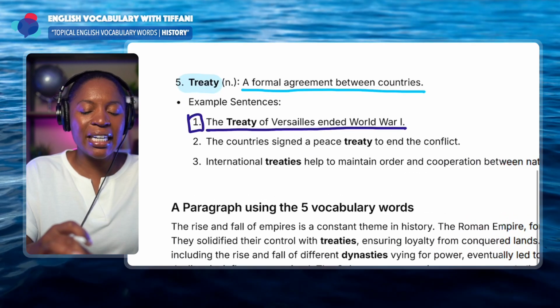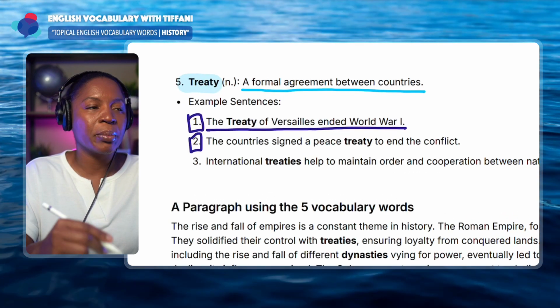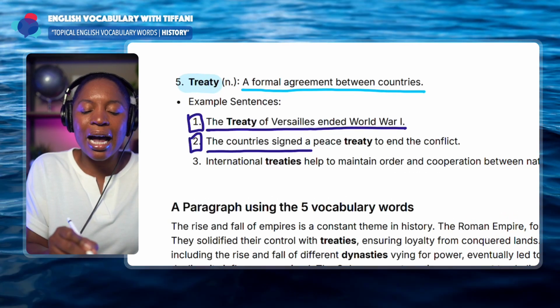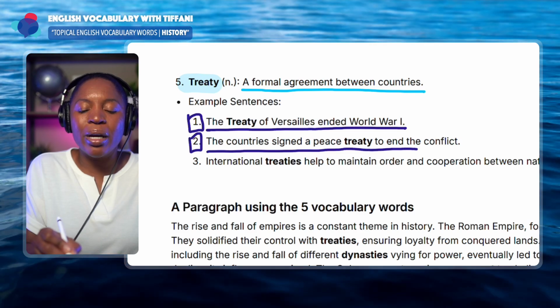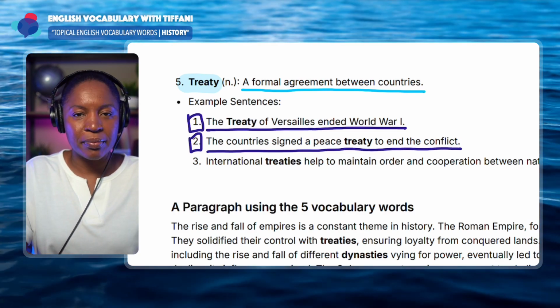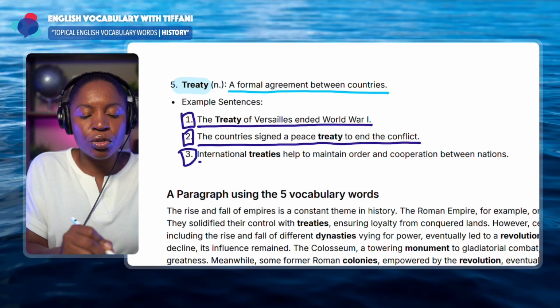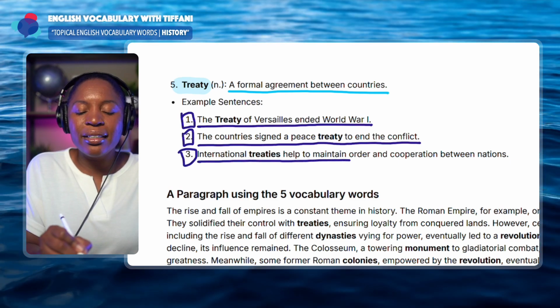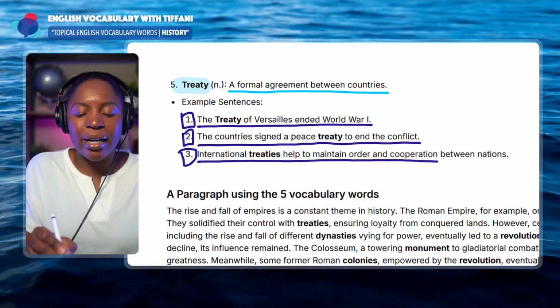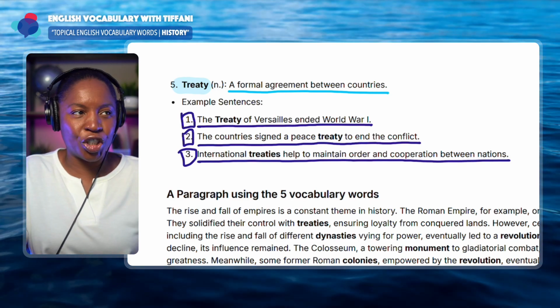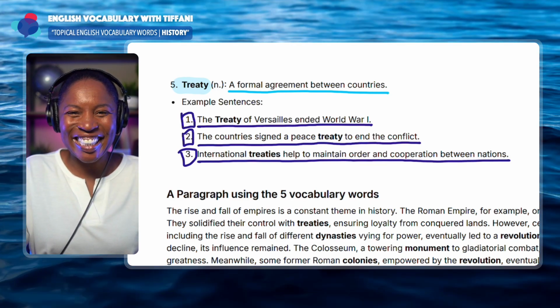Next, our second example sentence, we have this. The countries signed a peace treaty to end the conflict. And finally, international treaties help to maintain order and cooperation between nations. You got it? Excellent.